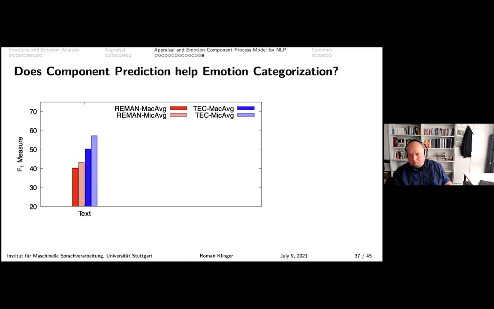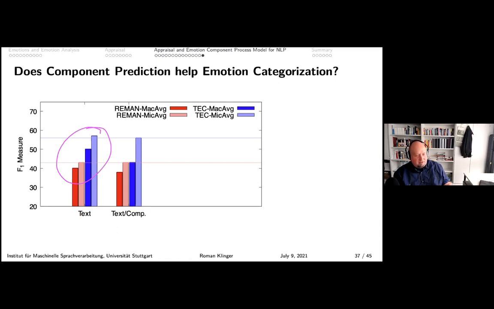When we now include this component prediction, we see that actually not a lot happens. These horizontal lines here are aligned with the micro average scores just to be able to easily compare against the text prediction here. So we see that including it simply doesn't really help.